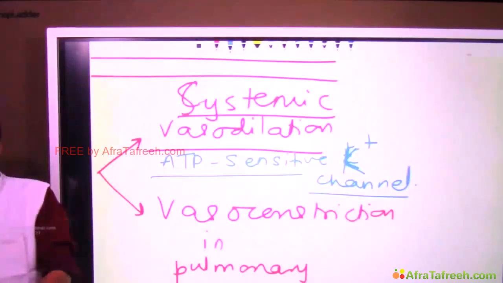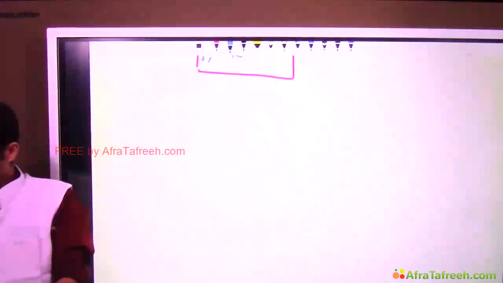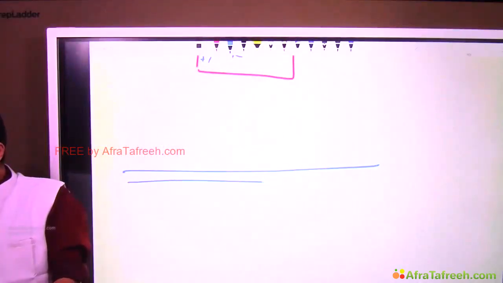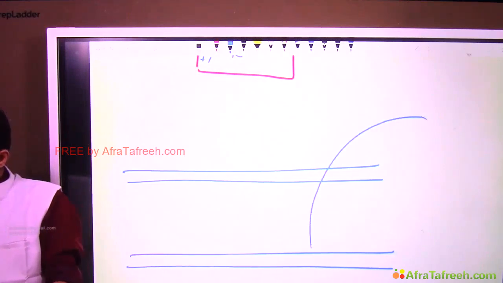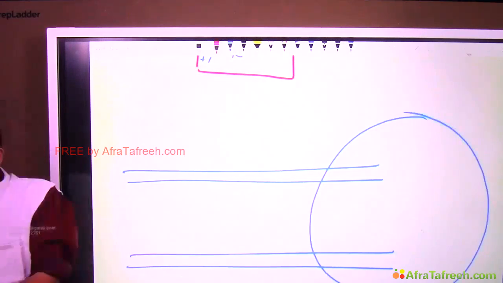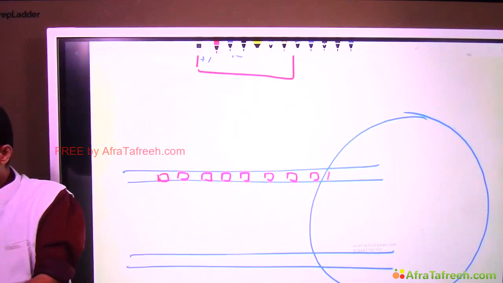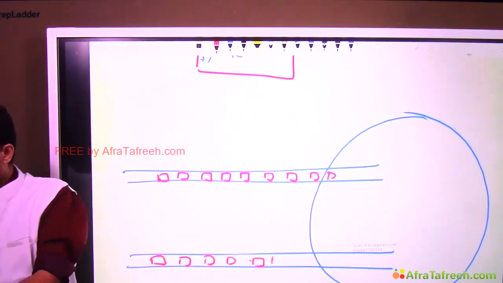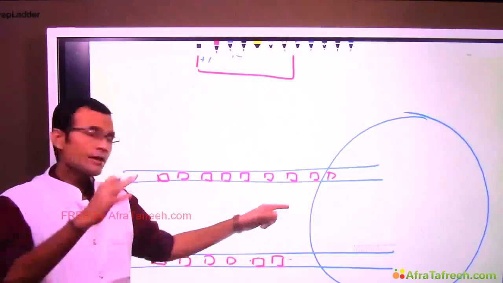The other type is ATP sensitive potassium channel. So what happens in the systemic blood vessels? Let's say here is a systemic blood vessel, and in this region there is hypoxia. Again, in the wall of the blood vessel there are these smooth muscle cells, and the smooth muscle cell, its membrane has ATP sensitive potassium channel.